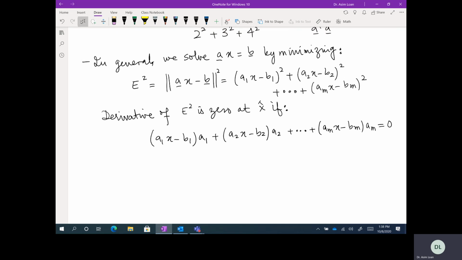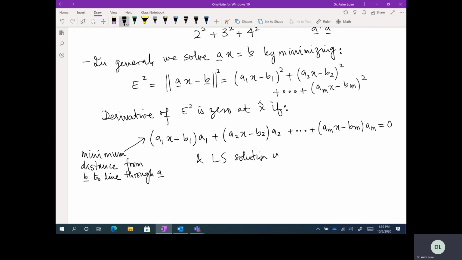And this is the minimum distance from b to the line through A. And the least squares solution is x hat equals A transpose b divided by A transpose A.